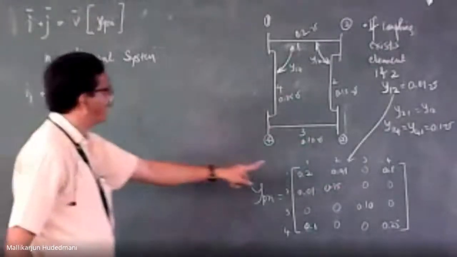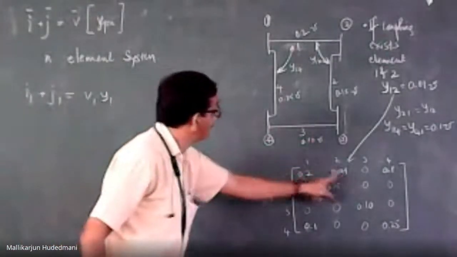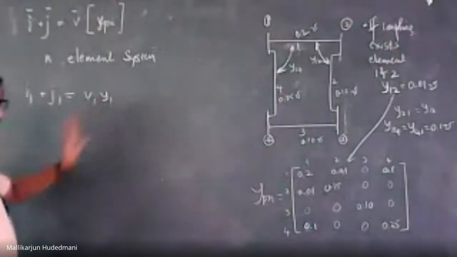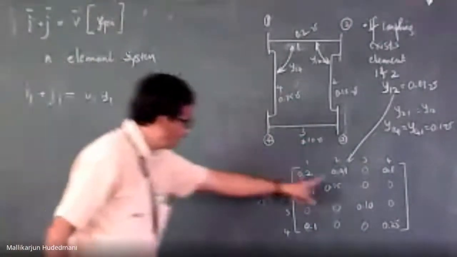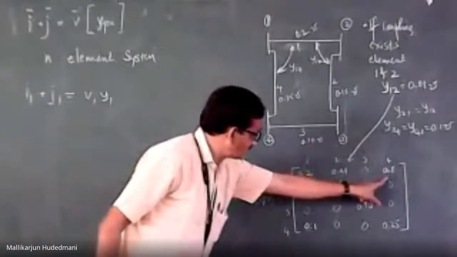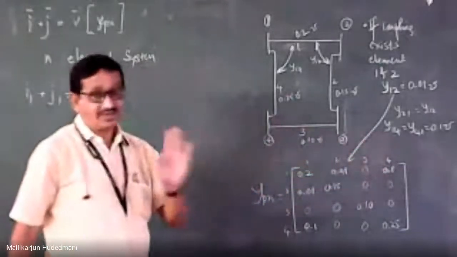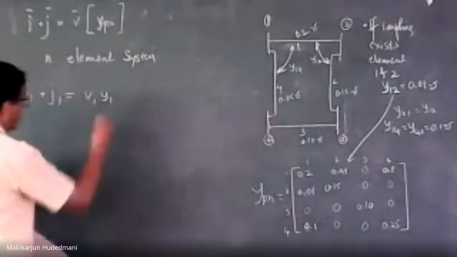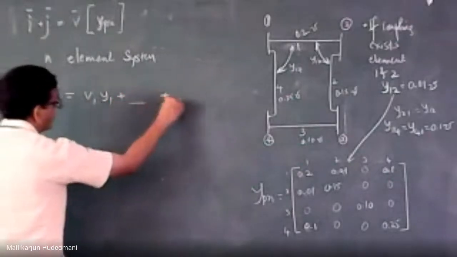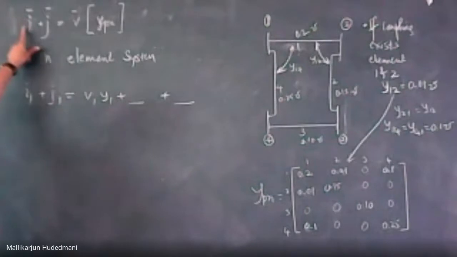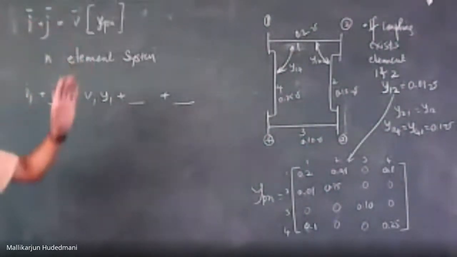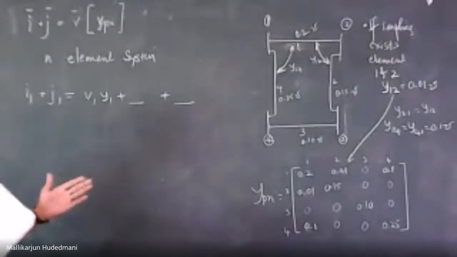Suppose it had a mutual coupling like this. Then this term won't be only V1 Y1; this term and this term, like this coupling if it exists in the system, do matter and add an additional term. It is nothing but one of the equations obtained from this. This is called matrix representation. The number of equations were compact in the representation.